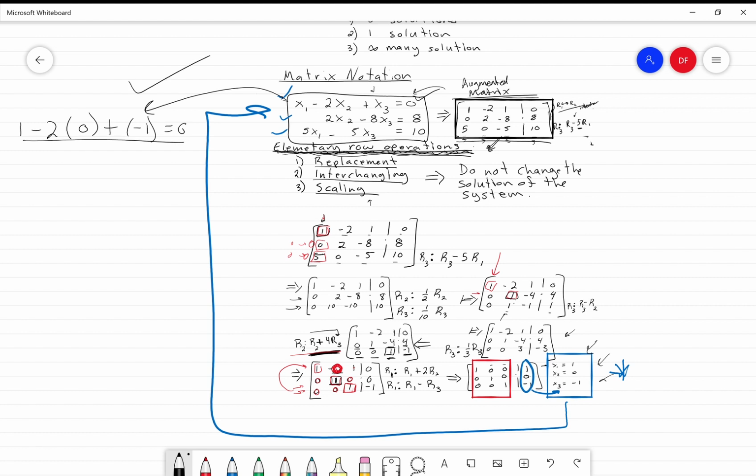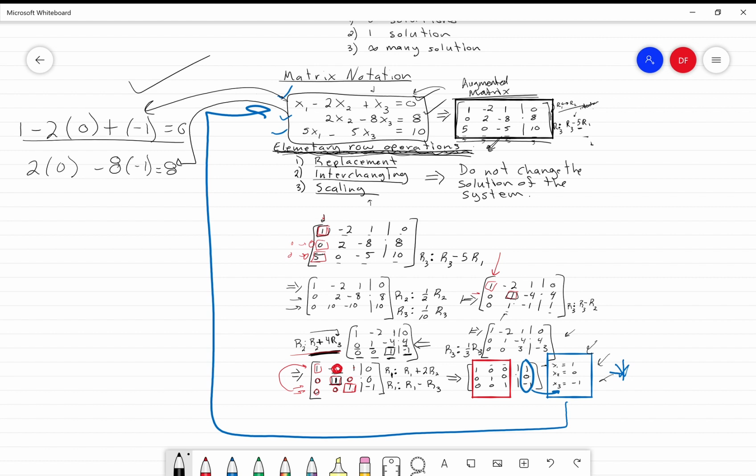So now let me take the second equation, and I will have 2 times x2, which is 0, minus 8 times x3, which is -1, will give me 8. So this equation is correct.